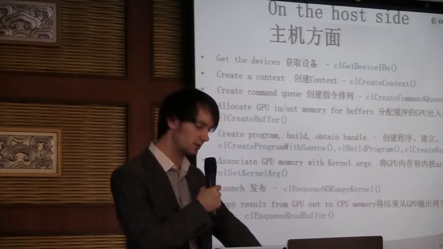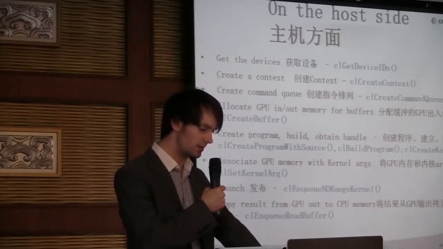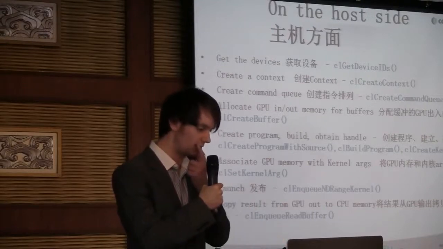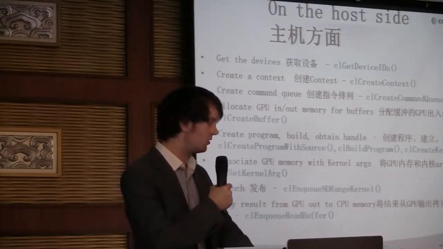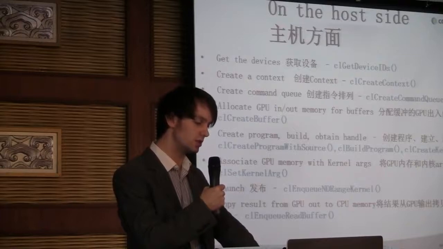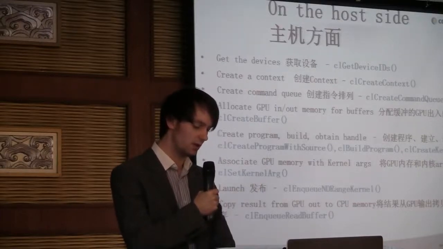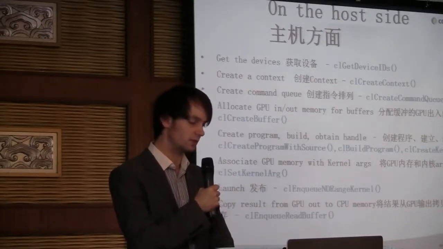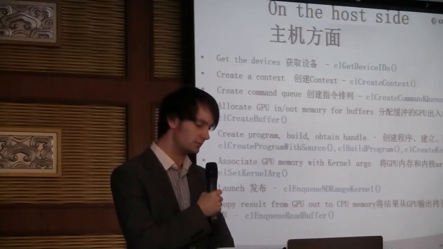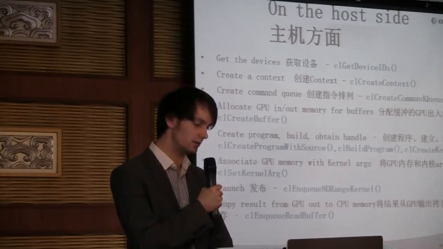The most interesting that I will point out is clCreateBuffer. Under the heading it says allocate GPU in-out memory for buffers. This lets you actually send real data to the GPU or accelerator rather than simple primitive types such as floats or integers. This is the most commonly used for sending data to the GPU.